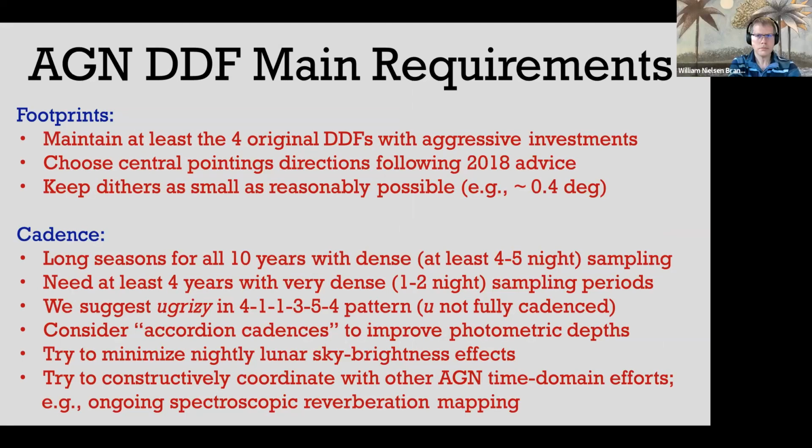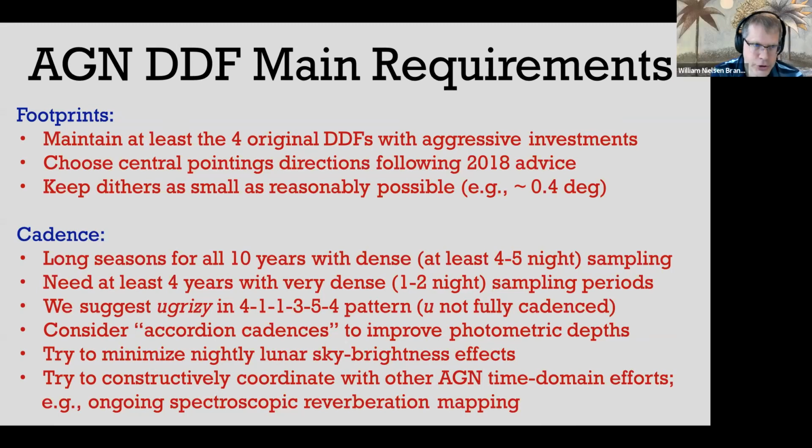I think there are things that you would really like to do the science, but in order to be able to evaluate whether something is useful for AGN and the DDFs, it would be good to separate out the things that are true requirements from the things that are nice to have.